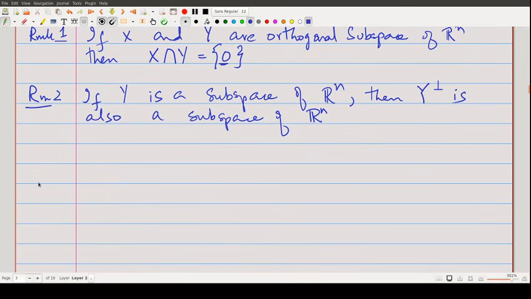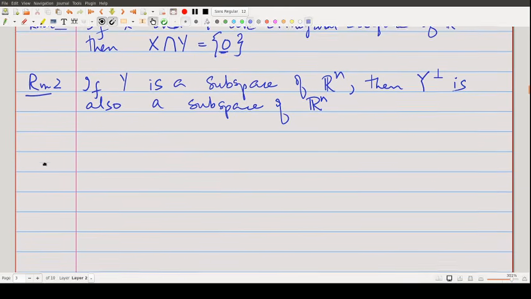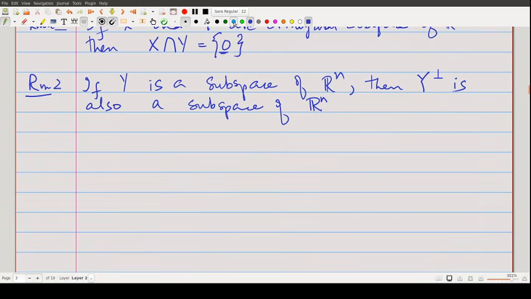The first one is quite easy to see. The second one we can check as follows. Let's do the proof for the second one.